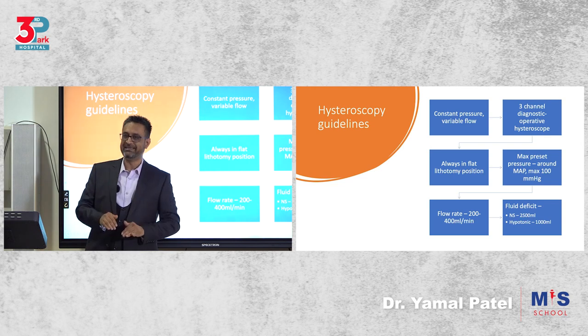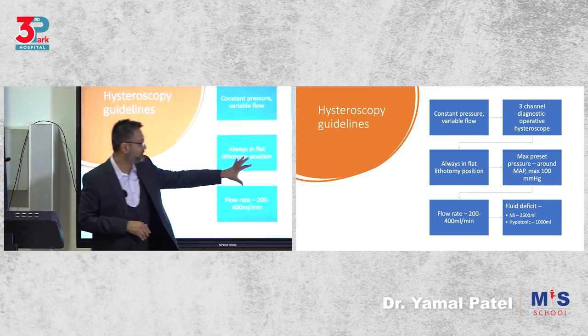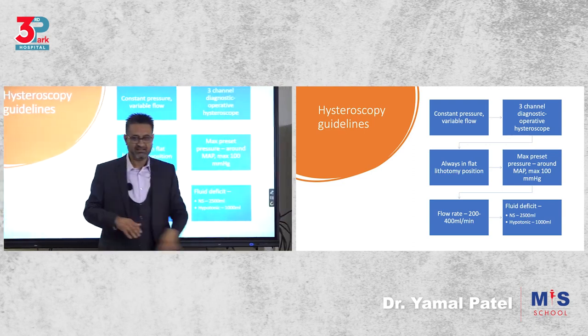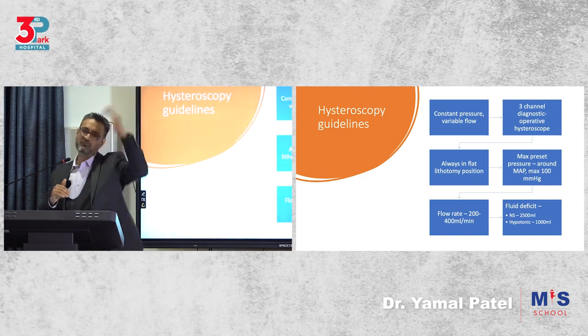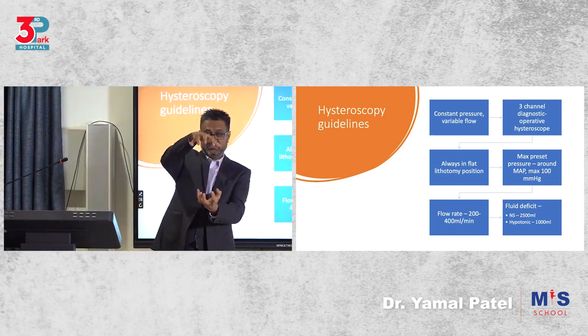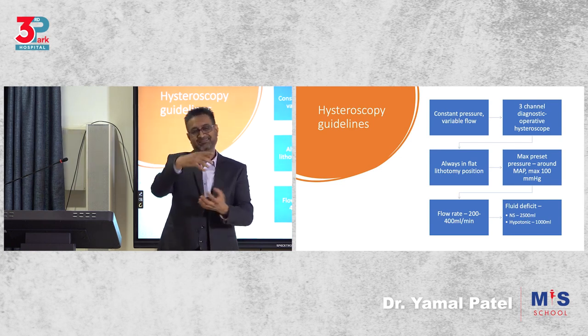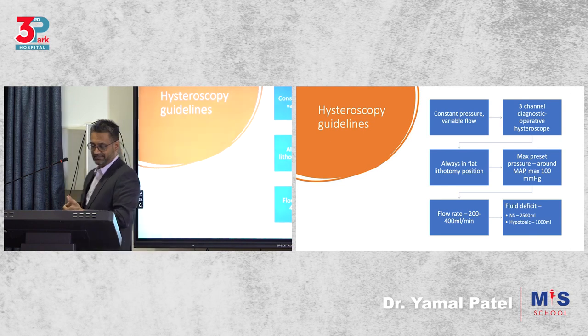So don't do it in a Trendelenburg position, keep the patient flat. Then work around the maximum preset pressures, around the MAP or maximum 100 millimeters. Don't go very high. Don't put very high pressure to get a nice stretch on the balloon of the uterus. I don't believe it's necessary, and I feel it can be dangerous at times.